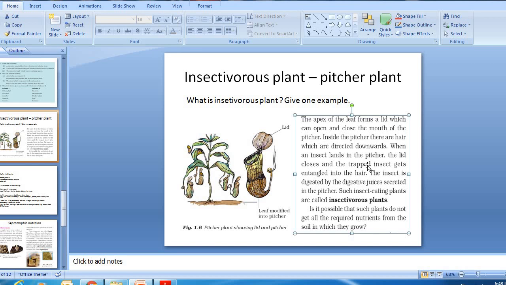You know where this pitcher plant is seen? In Meghalaya. This pitcher plant is seen only in some of the states. Everywhere this pitcher plant cannot be seen. In Meghalaya, this pitcher plant is common. So if you want to see a pitcher plant, you have to go to Meghalaya. Okay.